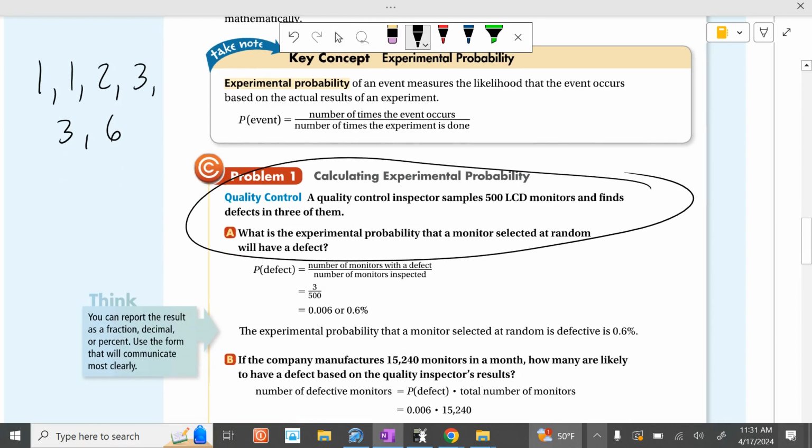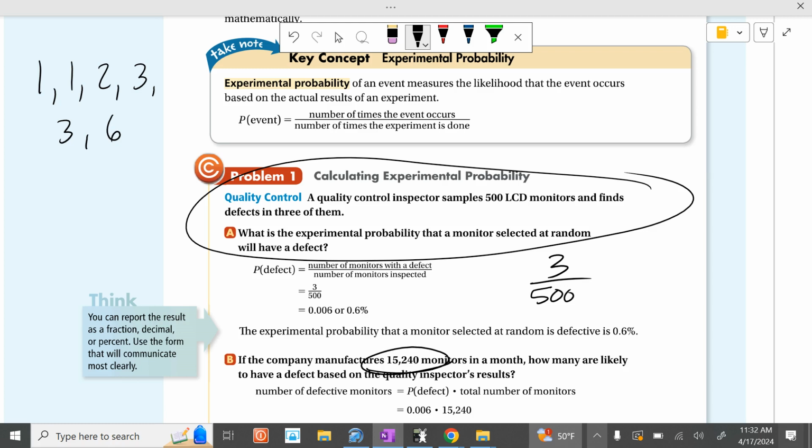A quality control inspector samples 500 LCD monitors and finds defects in 3 of them. What is the experimental probability that it'll have a defect? Well, it'll be 3 out of 500. Experimentally, he finds that 3 out of every 500 are defective. Now, is that going to happen that way the whole time? No. That's just what he tested and so on.